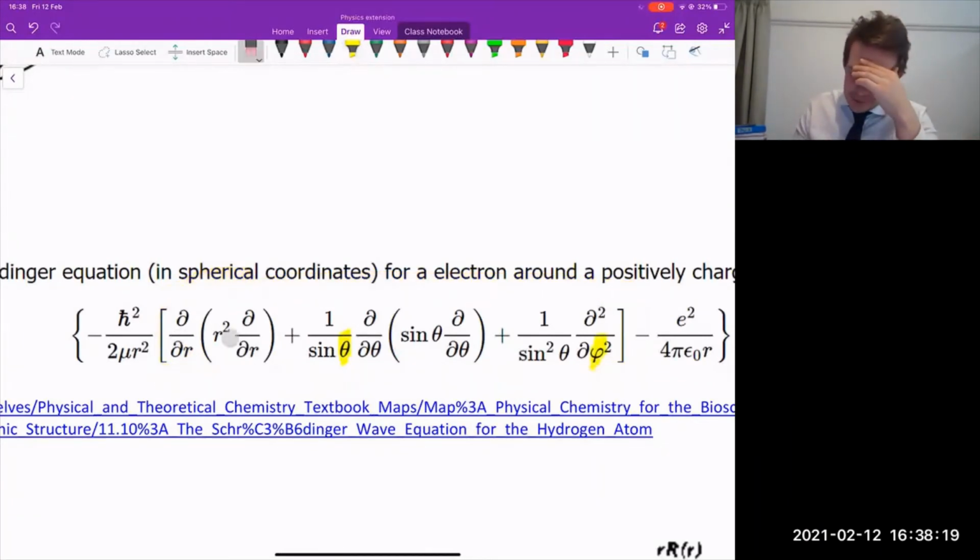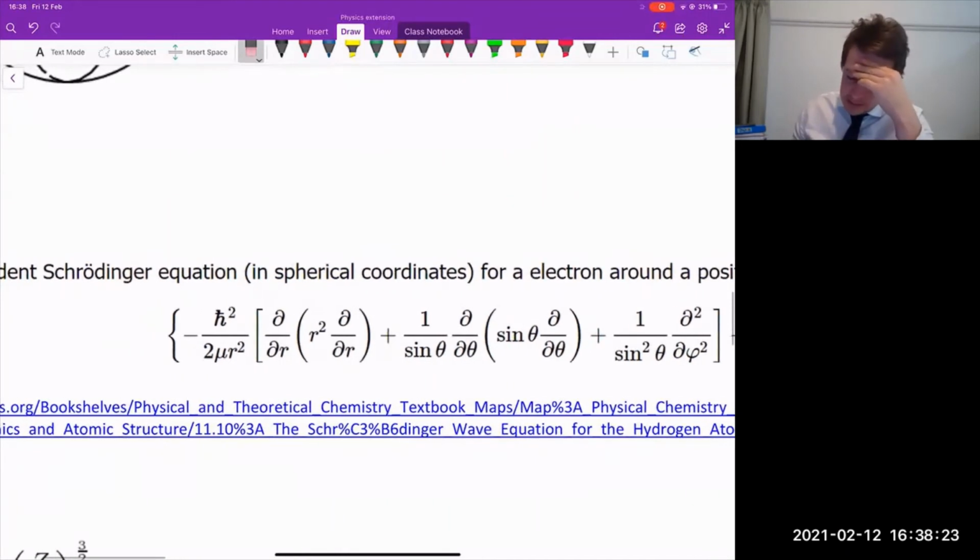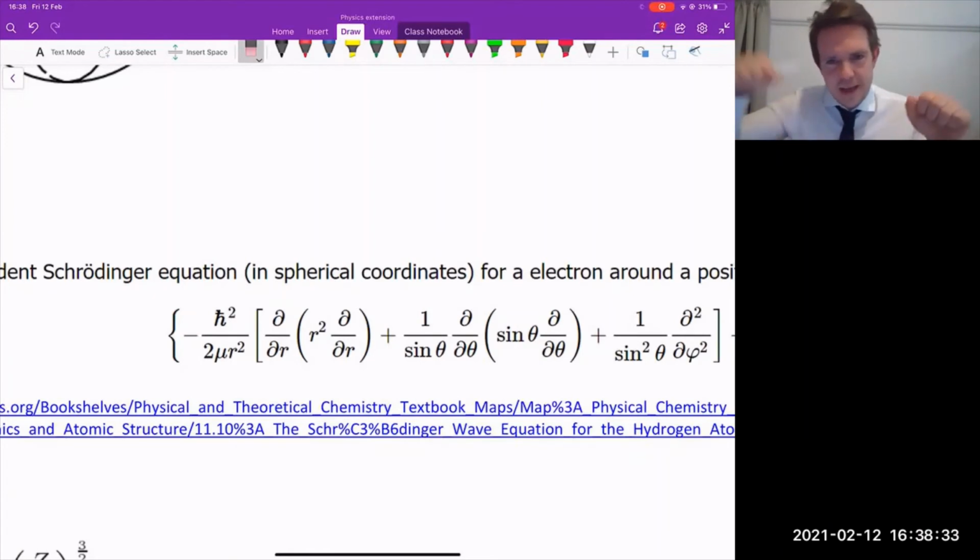So when you start having to solve things in 3 dimensions, in spherical polar coordinates, the maths quickly becomes annoying. It's still just a matter of grinding a handle and doing maths, but it's not something I could do. In fact, I'm not sure I could do this myself without consulting a maths textbook, in all honesty.